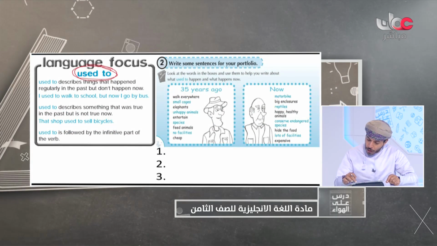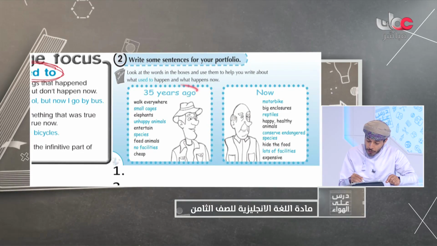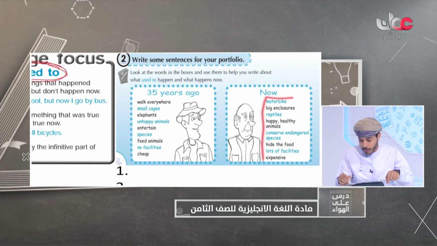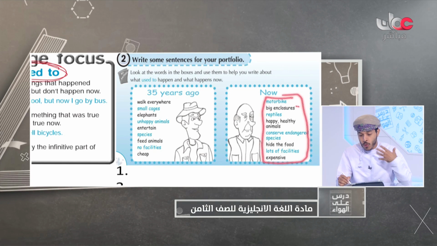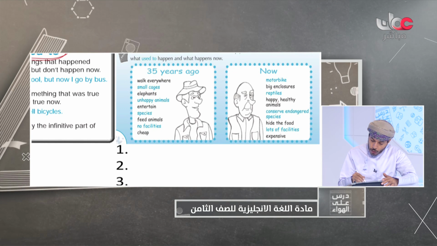So look at this man. When he was 35 years old, he used to do these things. But now, when he gets older, he doesn't do these things. Okay? For example, look at the first one.